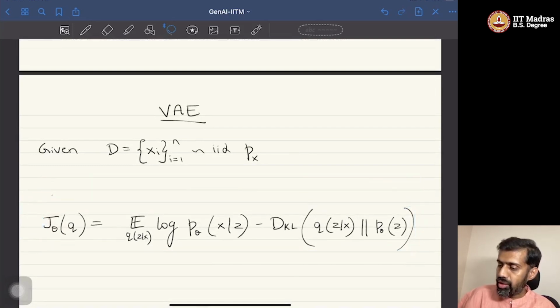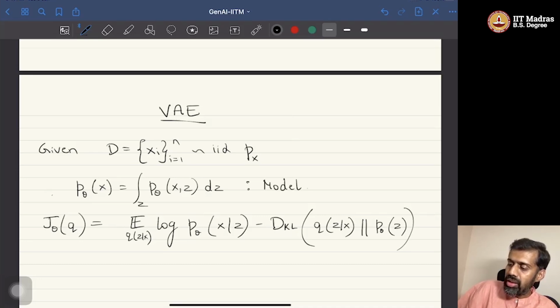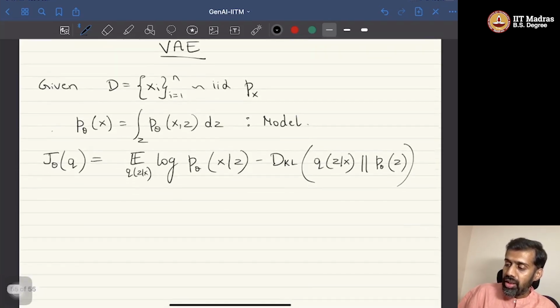This is the objective function, and the model is we have p theta of x given by the marginal of the joint distribution. The model that the VAE is trying to learn is a latent variable model. The objective function is given by the ELBO. So we need to optimize for the ELBO, which is J theta of q.